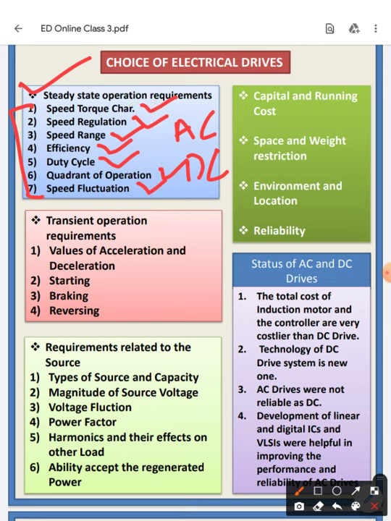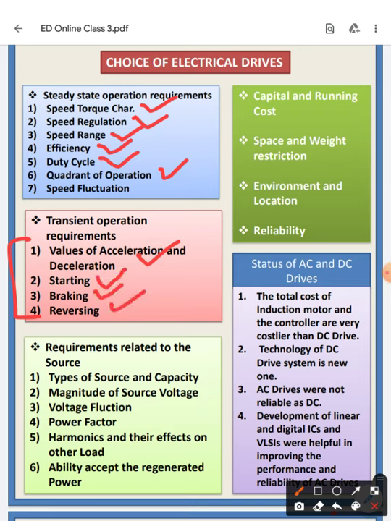Again, moving to the next one, that is your transient operations. During the transient operations, there are again 4 parameters: value of acceleration and deceleration, starting, braking, and reversing. Generally these 4 parts come under your transient operations, because during starting, braking, reversing, and acceleration, there is a huge voltage drop and the amount of current will increase.